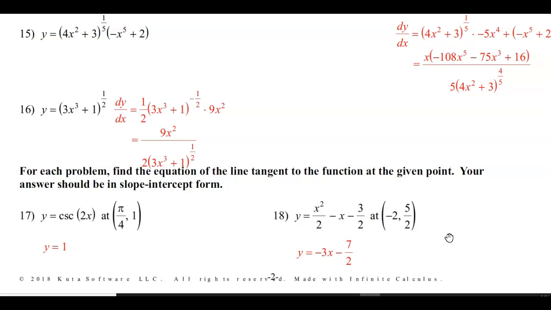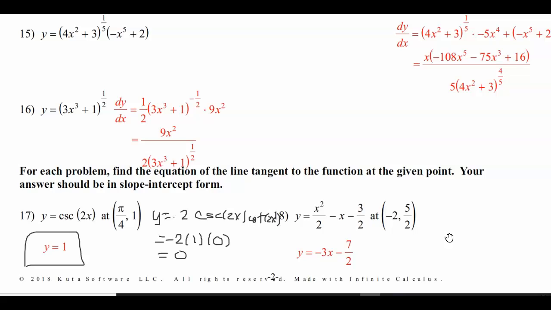But the idea is that this was y equals negative 2 cosecant 2x cotangent 2x, and you got negative 2 times 1 times 0, which meant your slope was 0. If you have a slope of 0, then you end up with a horizontal line.